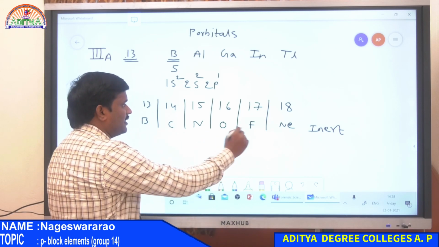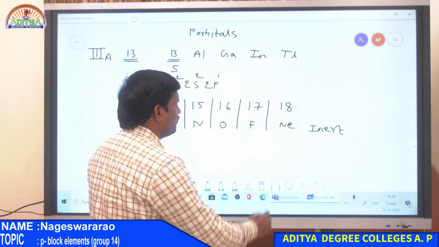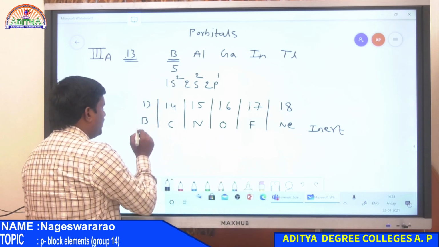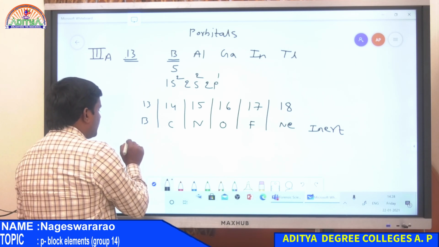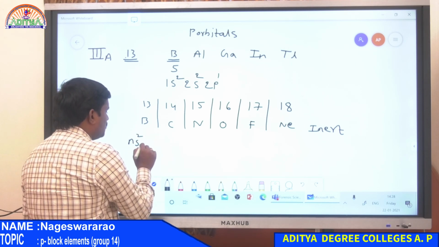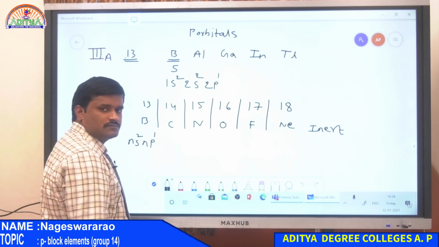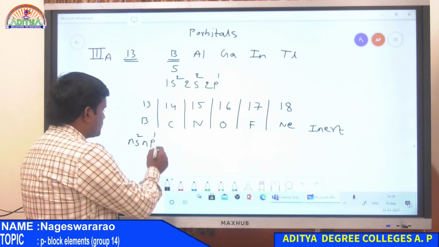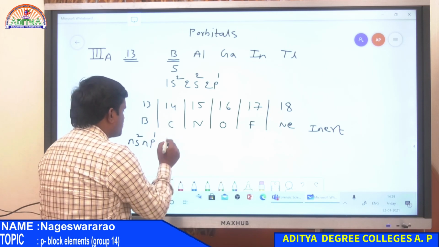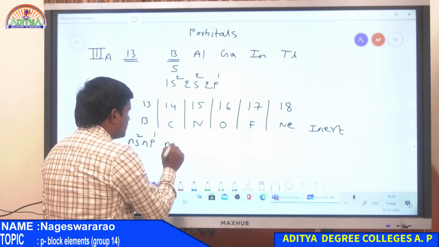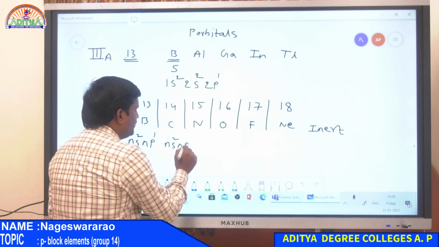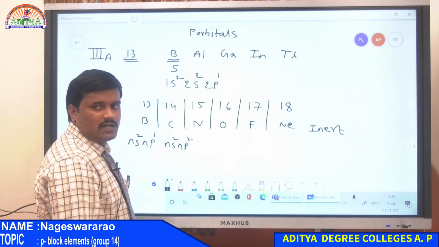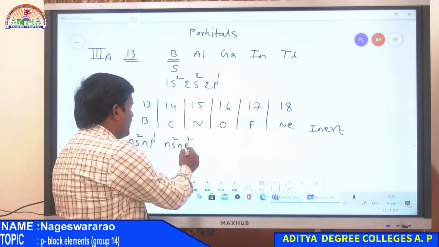In all these elements the last electron enters into p orbital. In the case of boron, the general electronic configuration is ns2 np1. Therefore one electron enters into p orbital, so that is also the outer electron. In the carbon family, the configuration is ns2 np2. Here also the last electron enters into p orbital.